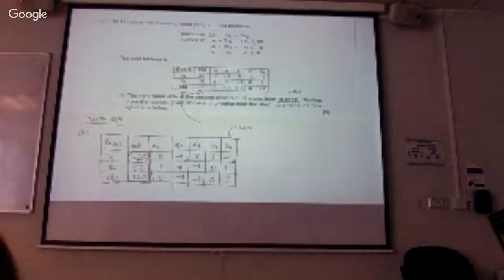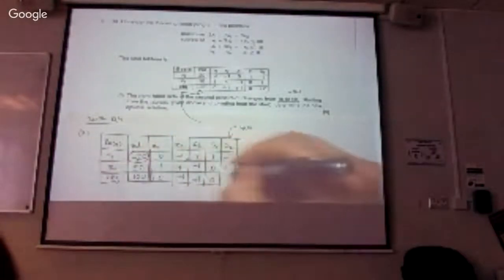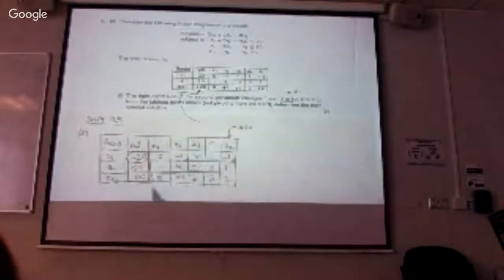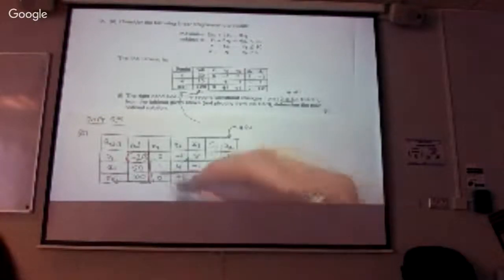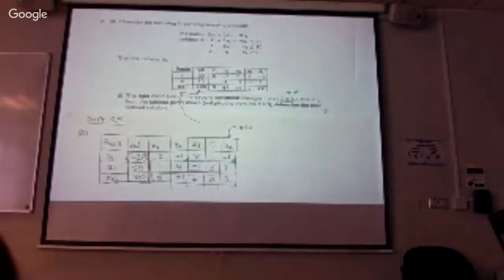If there is a negative value and you want to maintain dual feasibility, so the optimal criterion that there's nothing negative in the objective row, you do the ratio test. And the ratio is 1 divided by 1, say, and 2 divided by 1.